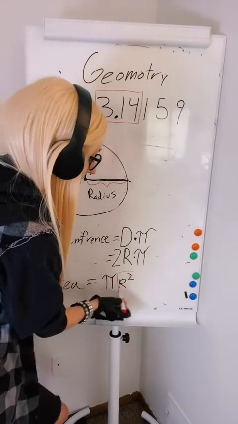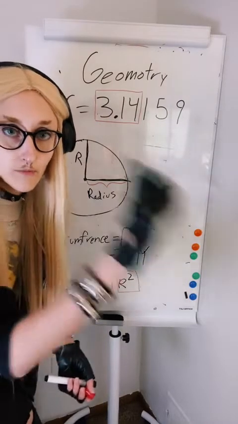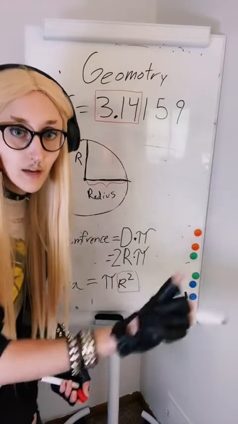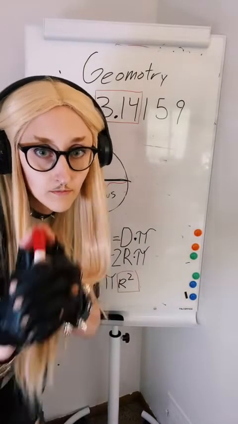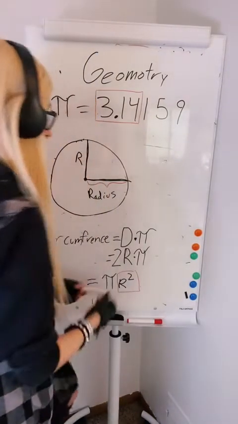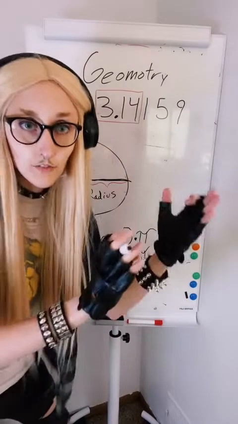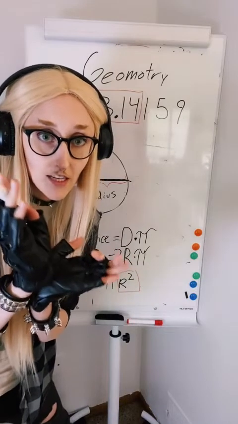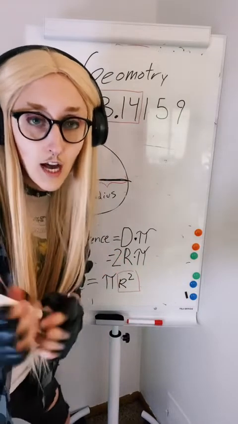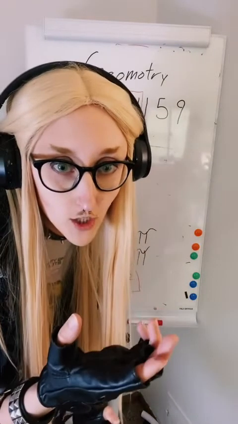What am I actually doing with that? When I say r squared, I'm saying r times r. My radius times itself. And when I do something times itself, I'm actually finding the area of a square, not a circle. I'm now giving everyone on this app flashbacks to the circle equals square situation.